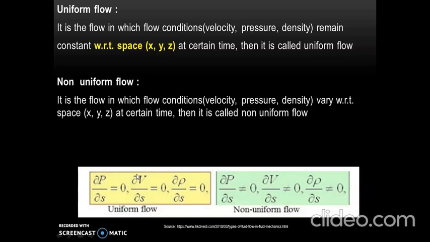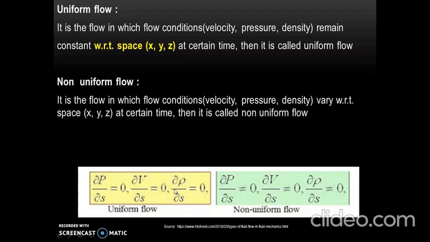That means change in velocity with respect to space, that is dou V by dou S, is equal to 0, and also change in pressure, dou P by dou S, is equal to 0, and change in density divided by change in space is also equal to 0.